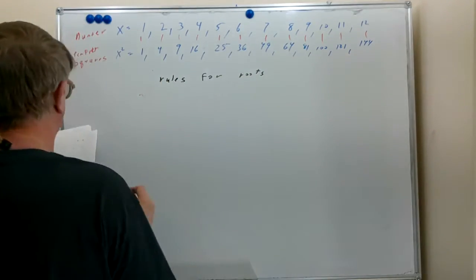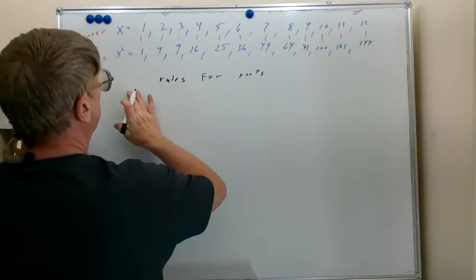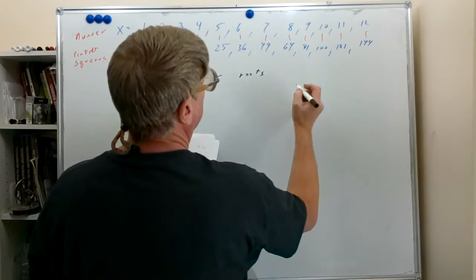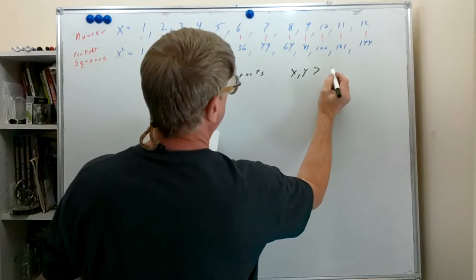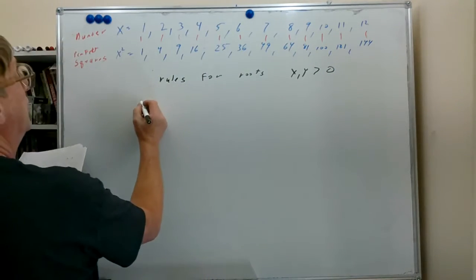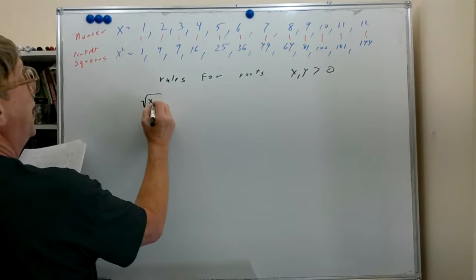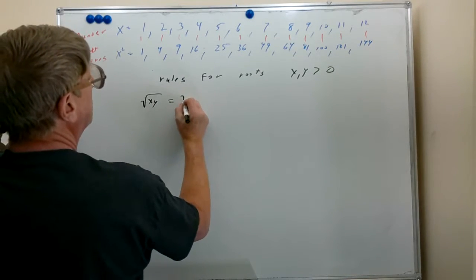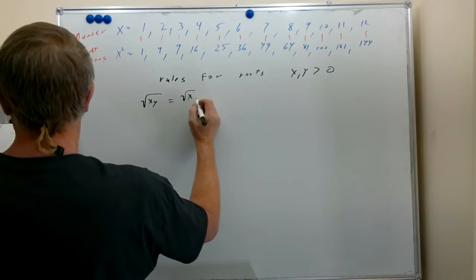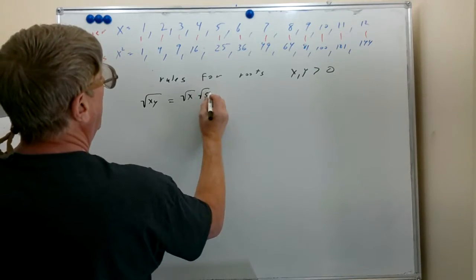We're talking about square roots in this case, but it's going to apply to other roots as we go further along. Basically, if x and y are both greater than 0, the square root of xy, the product of x and y, is equal to the square root of x times the square root of y.